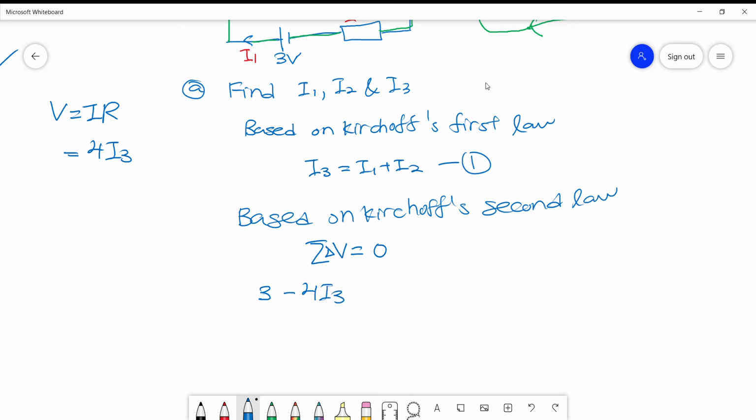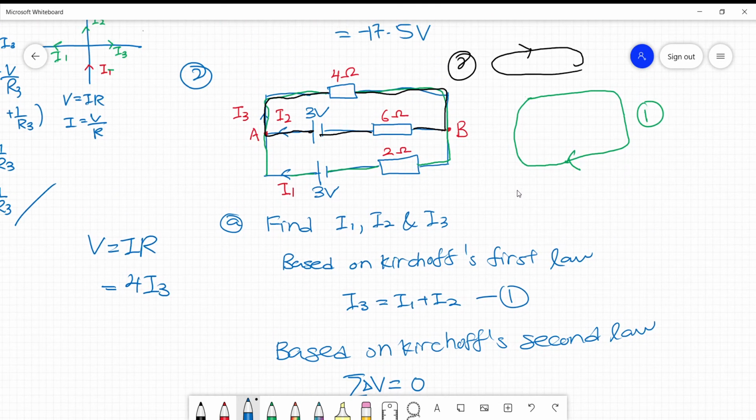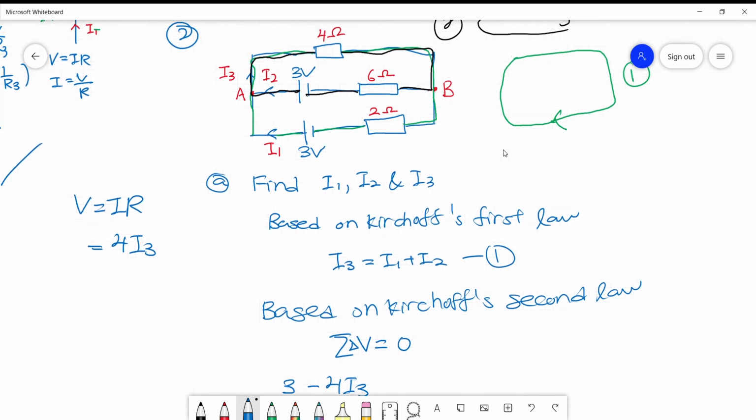Minus, same as the previous part, because current flows from the higher region of electric potential to the lower region. So this is minus 4I3. Finally, returning to the lower part, we reach the first resistor, the 2 ohm resistor.